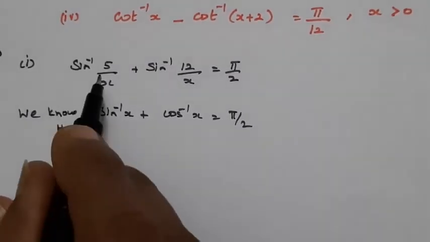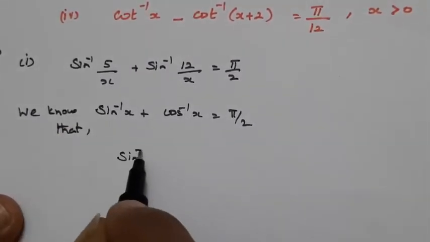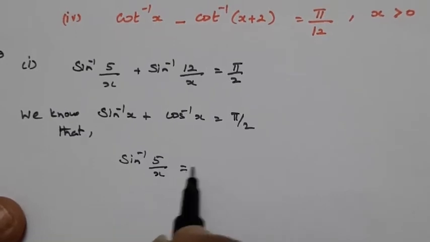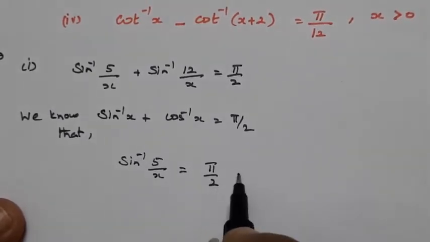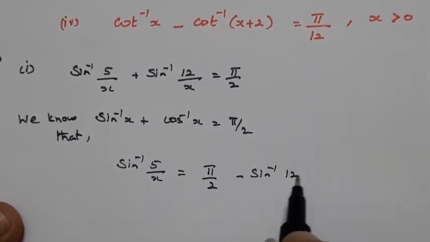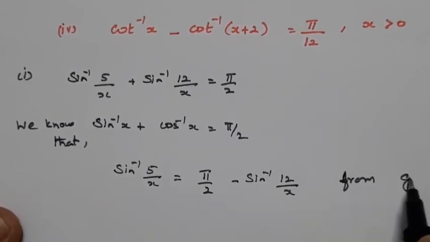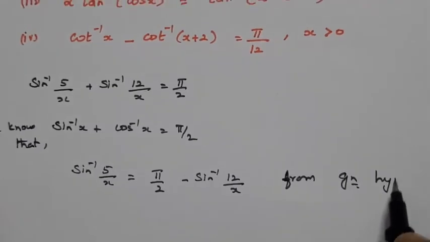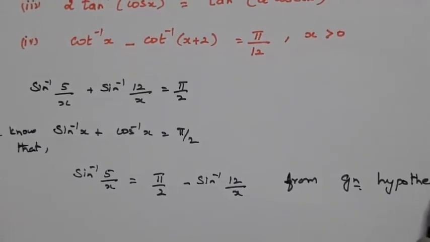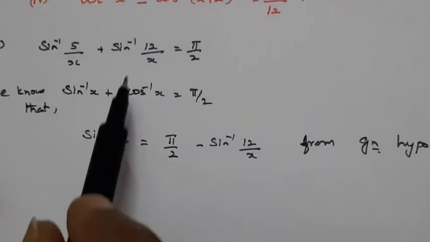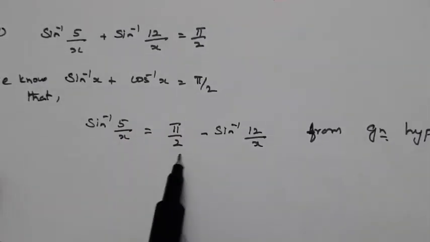Given that, sin inverse of 5 by x can be expressed as pi by 2 minus sin inverse of 12 by x, from the given condition. Just interchange sin inverse of 12 by x to the opposite side.